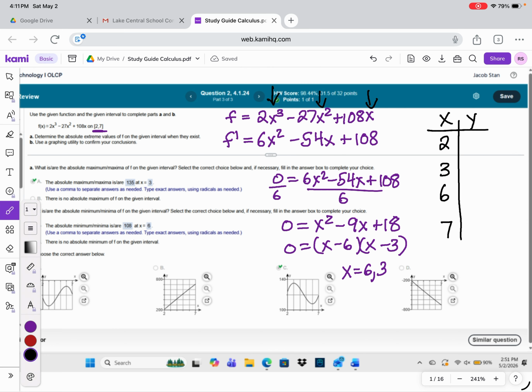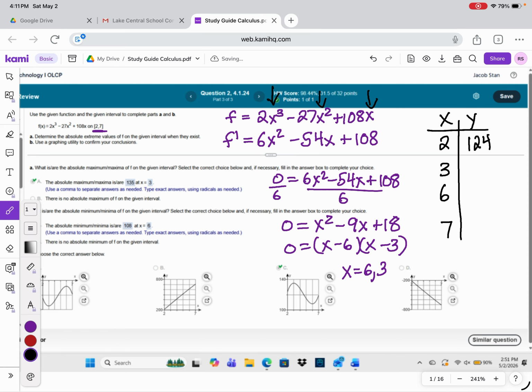So go back up to the original function. Give me a second, I'll plug it in on my calculator here. 2x cubed minus 27x squared plus 108x.